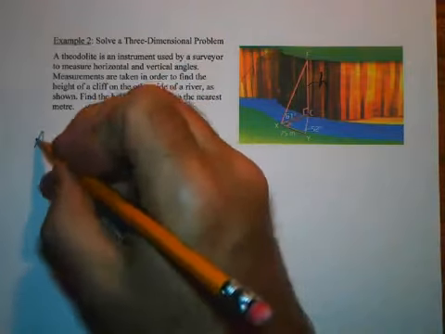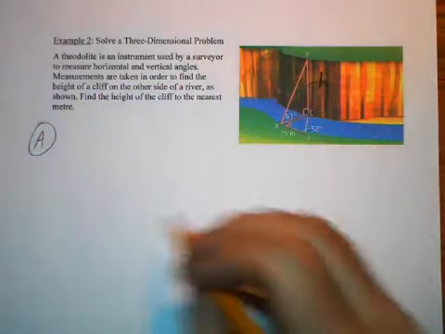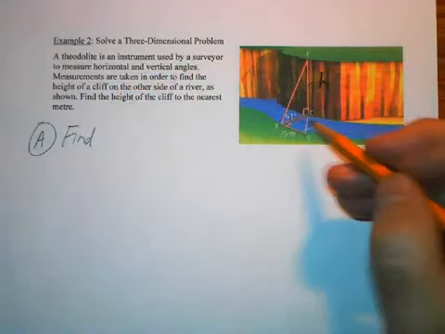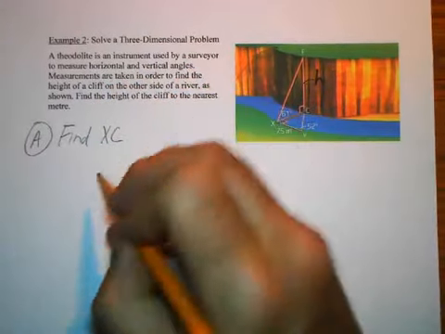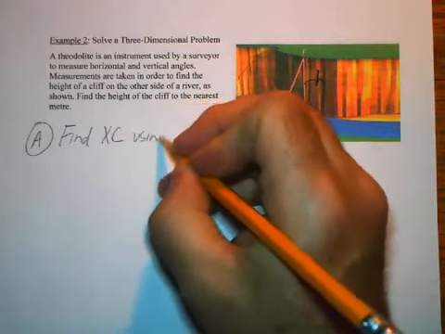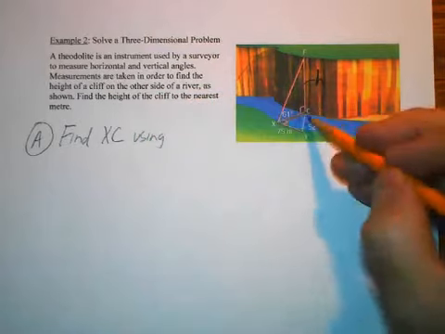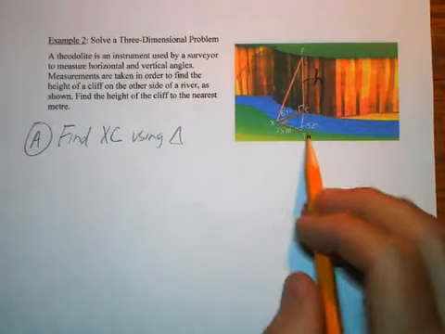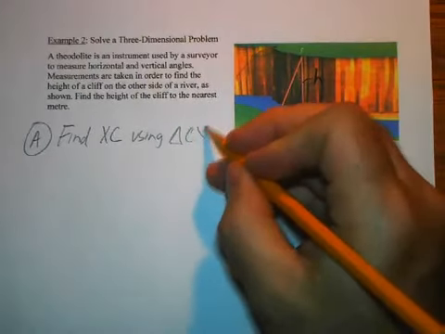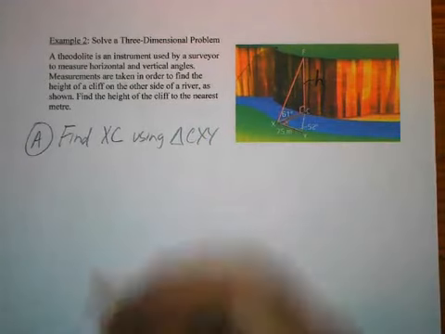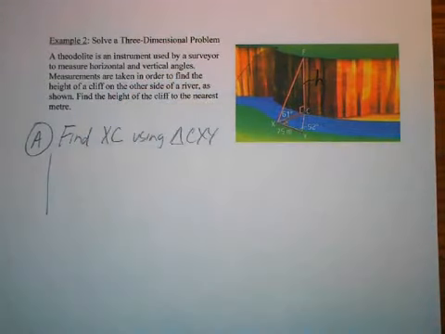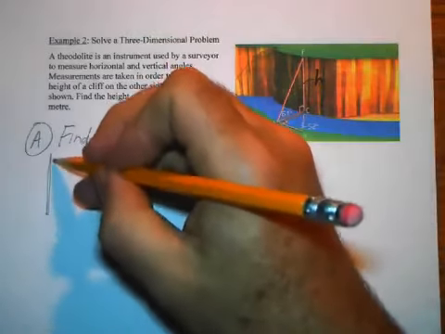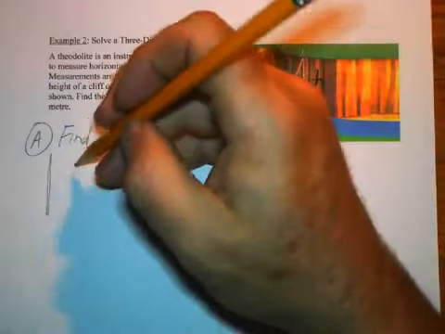I want to find the length of XC using, now that side is actually on both triangles, so I have to be specific, the triangle on the bottom, CXY, or whatever order you want to call it. It's always good to break it into steps like this, because now I can actually draw the triangle, and I can draw it in 2D.